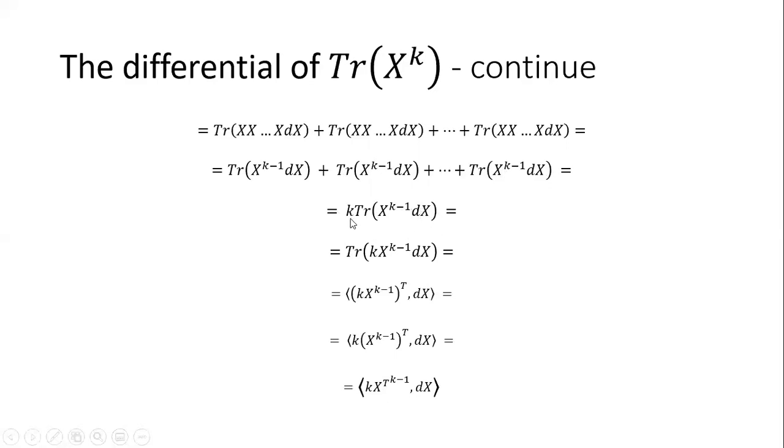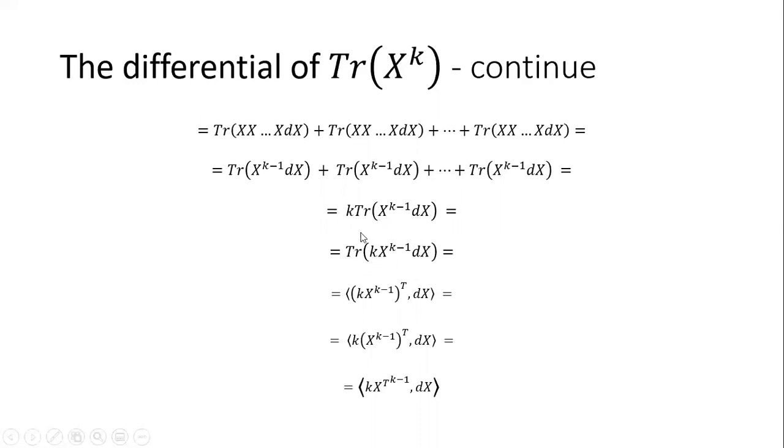Now, since k is a scalar, we can insert it into the trace and get the trace of k multiplied by x to the power of k minus 1 multiplied by dx. Now, this expression is the definition of the inner product of two matrices.